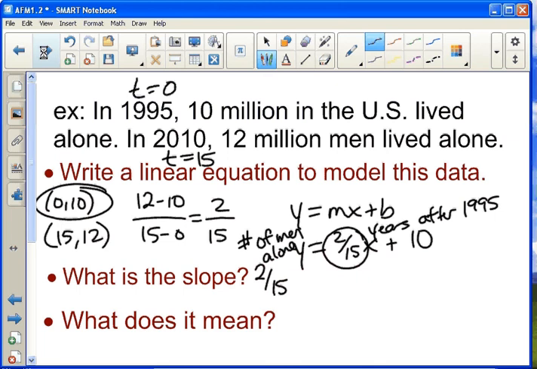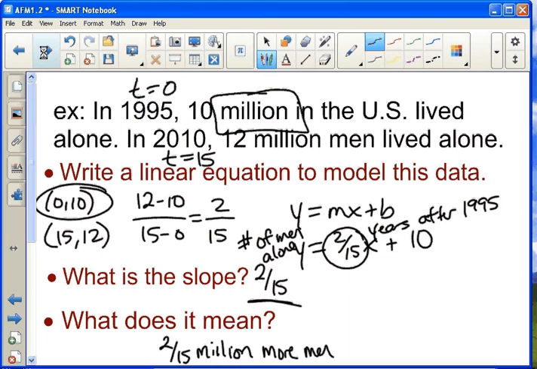So keep in mind, we were in millions, so what this tells us, since our slope is 2/15, is that 2/15 million more men live alone each year. Or another way you could say it is, the number of men who live alone increases, because our slope is positive, by 2/15 million men per year.